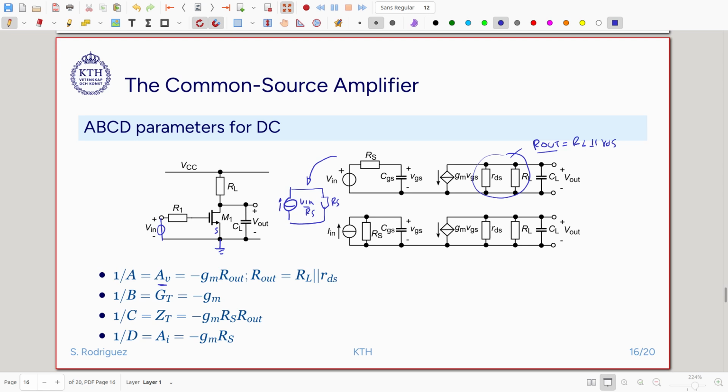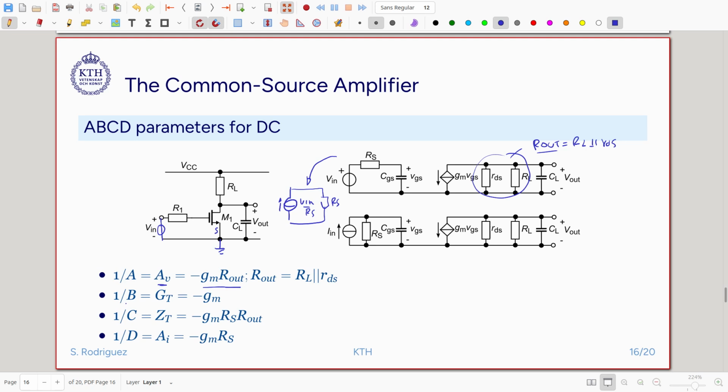And then the voltage gain for this configuration is simply minus gm times Rout. That we calculate assuming that we don't load this with anything. The output is an open circuit, so we keep it open.